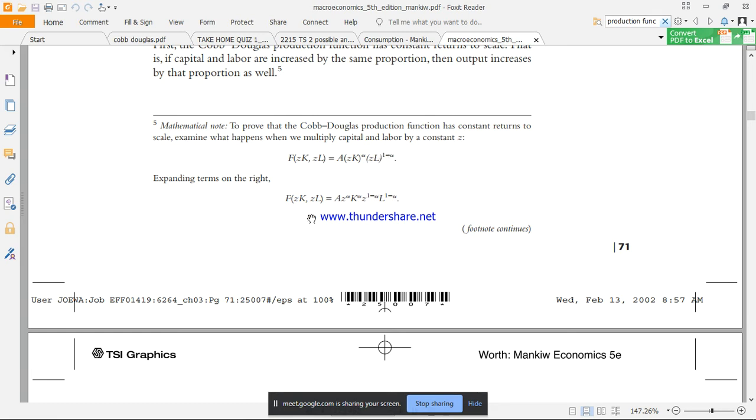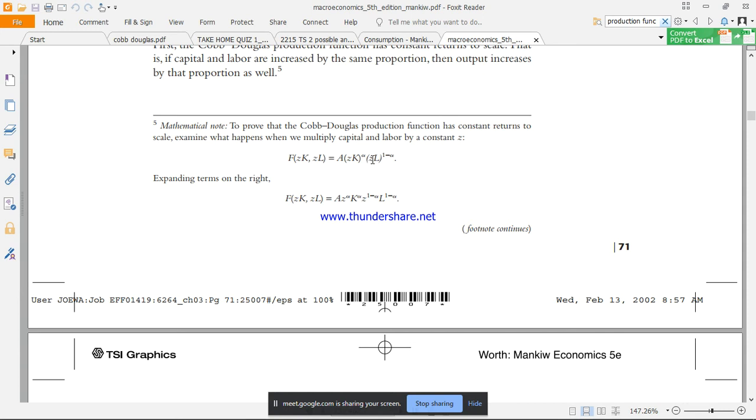Then let's open the brackets. So we have A times, and this A applies to everything there. Don't start separating it as if A is just multiplying capital or something. No. So this will be A, then z raised to the power alpha times K alpha.